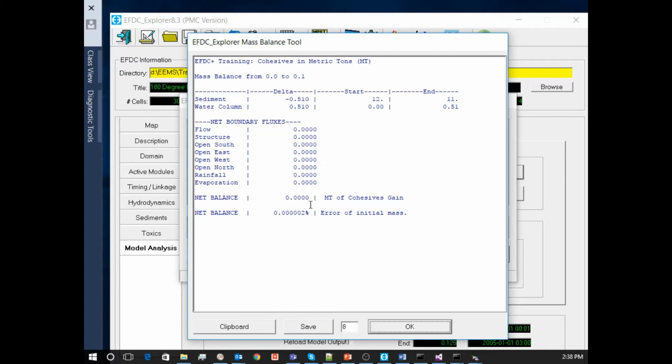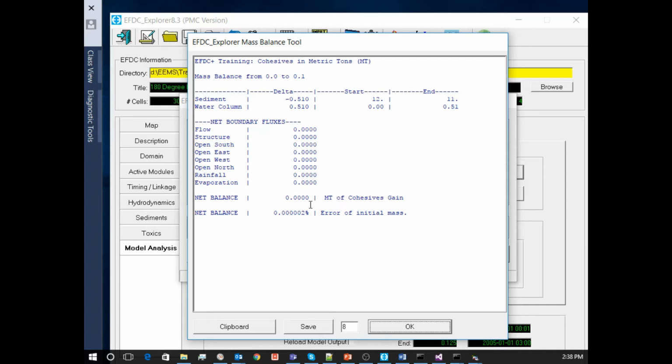That's how you look at this section of the mass balance report. It's looking at your beginning and ending snapshots for the sediment bed and the water column, and that's all it's doing. In this case they match exactly because your inflow and outflow from sediments are zero.